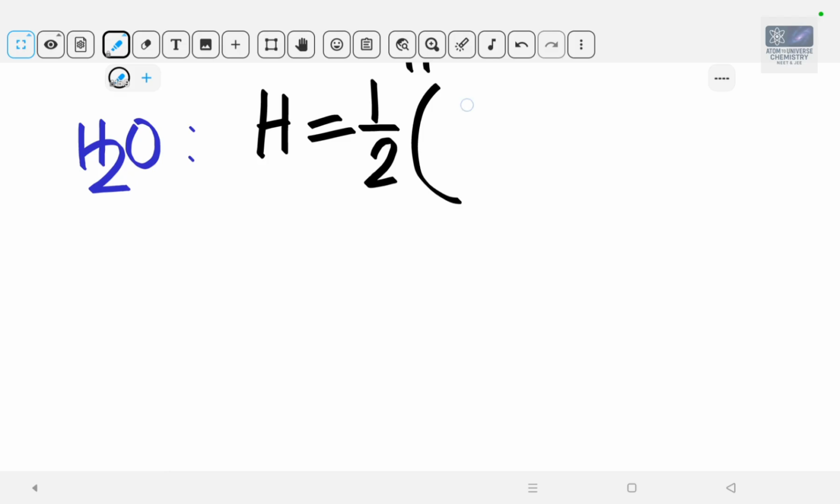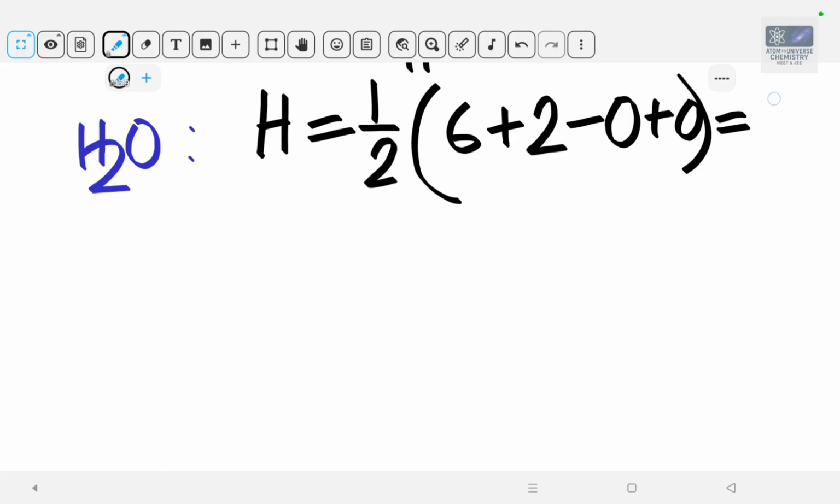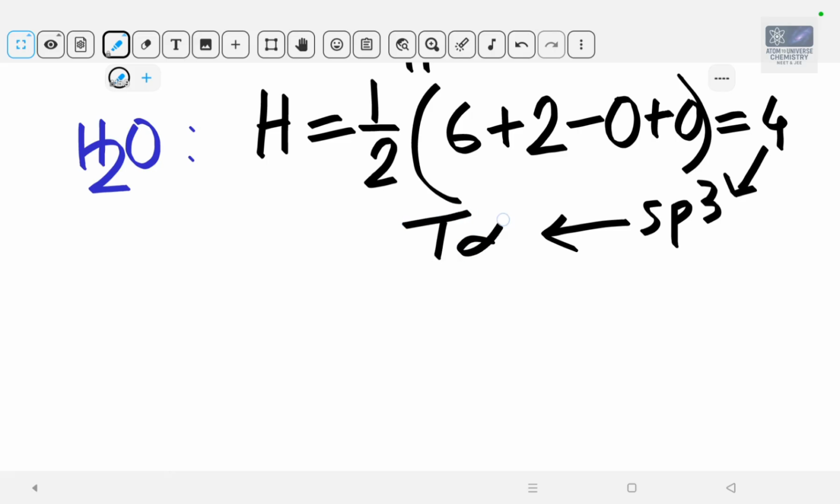That will be 6. 2 monovalent atoms are there, so 2, no plus charge, no minus charge. Okay, giving you a total of 4, that is also sp3, and it is expected that that will give a tetrahedral structure.